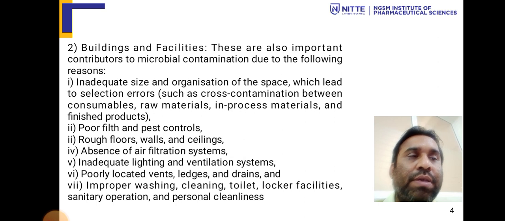Now, after the personnel, or the people who are contaminating, we will see what the problems with buildings and facilities are. These are a very important contribution to microbial contamination.